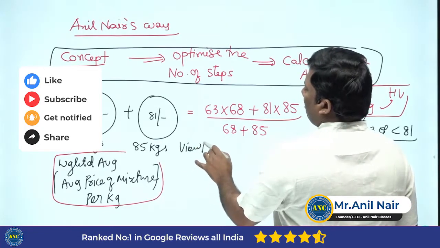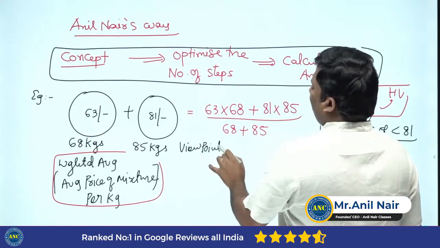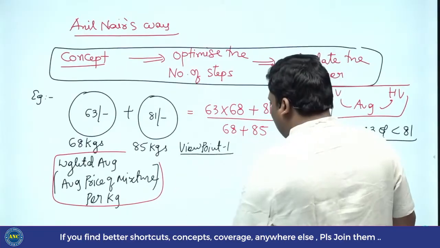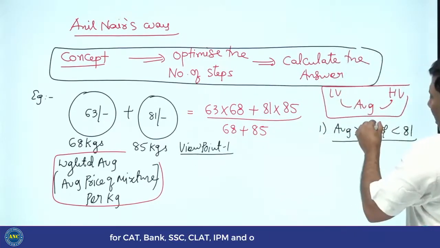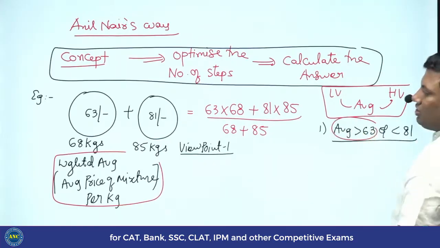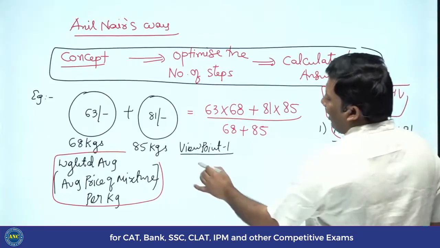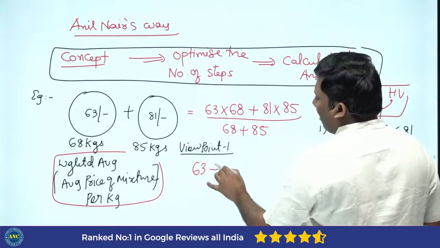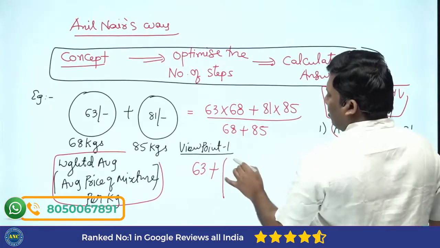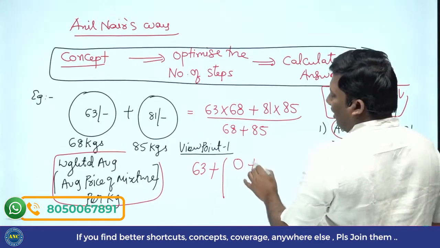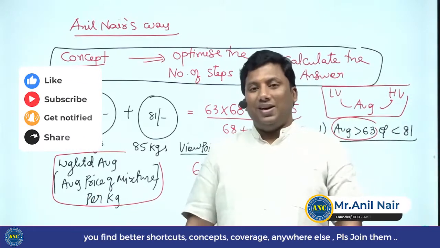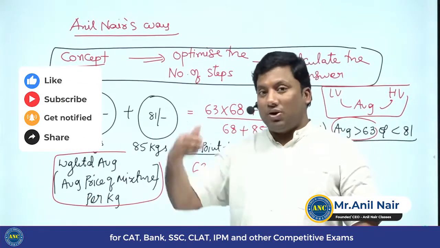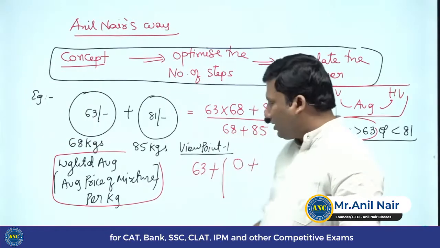Viewpoint 1. This is the way aptitude should be learnt by the students. What is viewpoint 1? Average is greater than the lowest value. If I take the average as greater than the lowest value, 63 plus 63, deviation is 0. Those students who have read a statistics book, we have taken the mean deviation method.